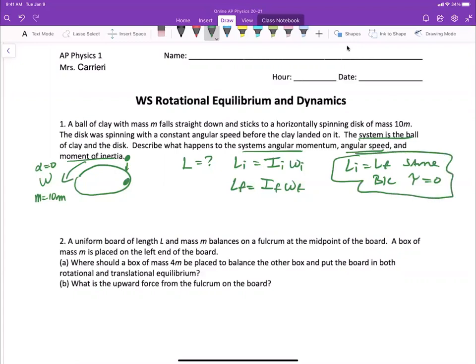Well, what happens to the angular speed? Since the angular momentum is conserved and the initial and final must equal one another, we know that the angular speed had to go down because the moment of inertia went up. So its angular speed has to go down.